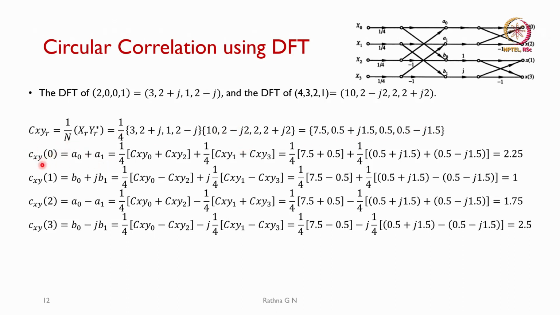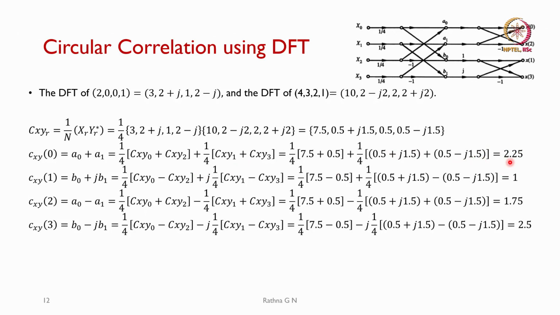Now, how do we calculate Cxy(0)? As you can see, you put A0 plus A1, which is 1 by 4 of Cxy(0) plus Cxy(2), with these values, 7.5 plus 0.5, and then plus 1 by 4 of Cxy(1) plus Cxy(3), which is 0.5 plus j1.5 plus 0.5 minus j1.5. We get 2.25.